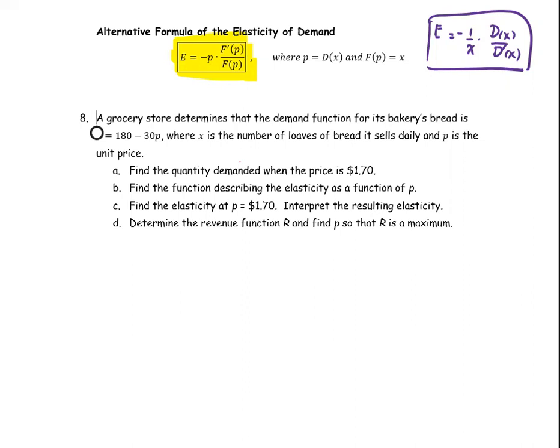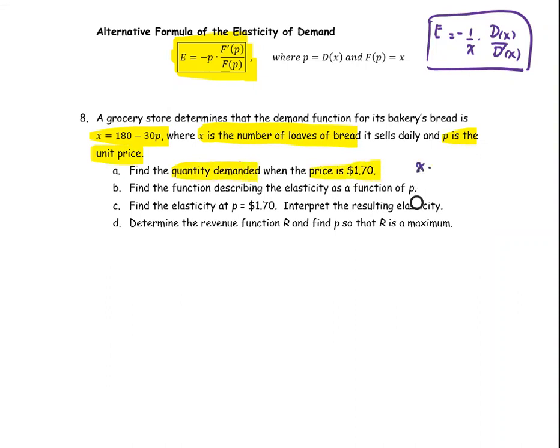In this example, a grocery store determines that the demand function for its bakery bread is x equals 180 minus 30p, where x is the number of loaves of bread it sells daily and p is the unit price. Part A, find the quantity demanded when the price is $1.70.